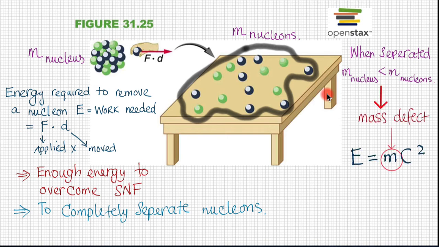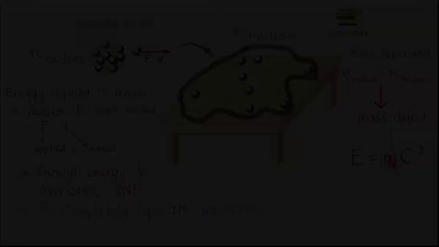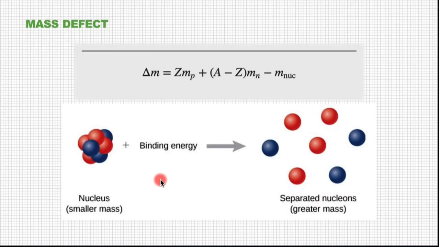We call this mass difference the mass defect, and it's the value that's represented in the equation E equals mc squared. What we're looking at here is a nucleus and this binding energy. How much energy do we actually need to separate the nucleons?